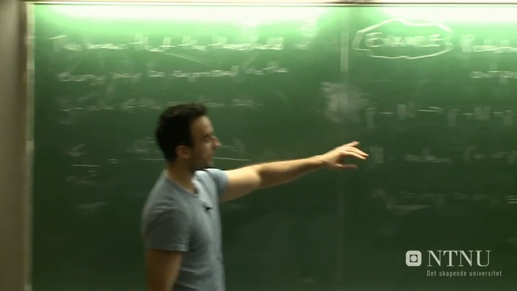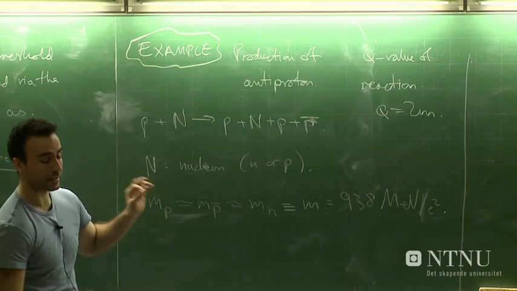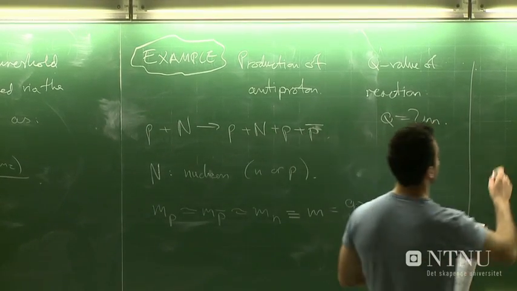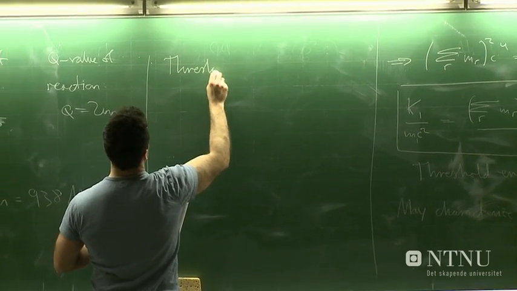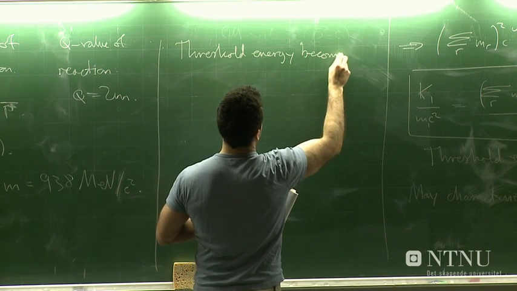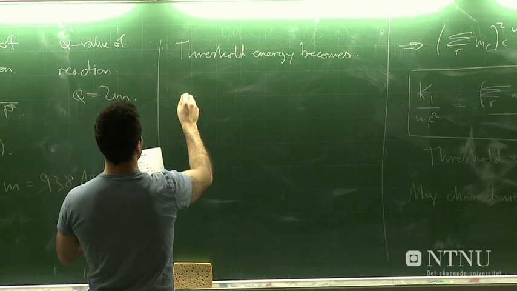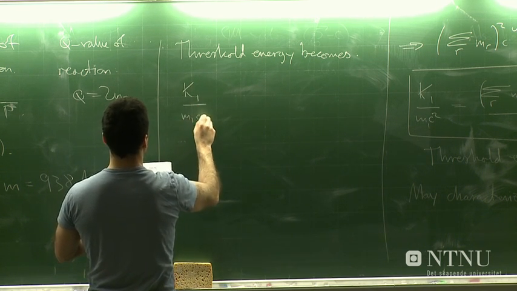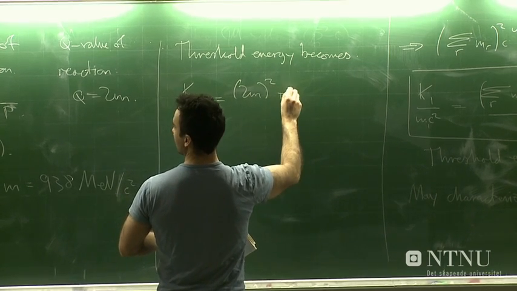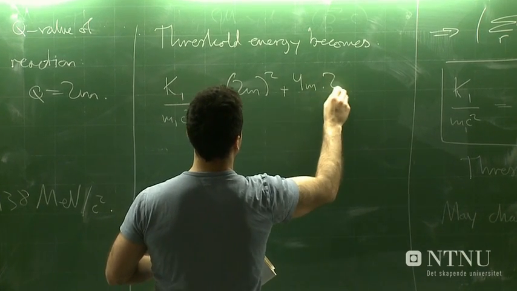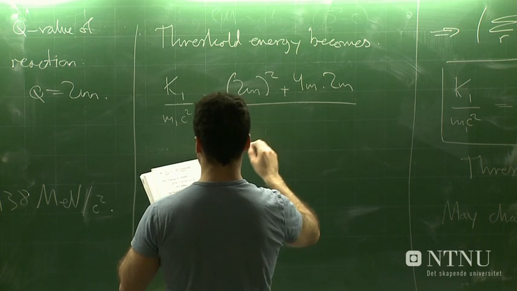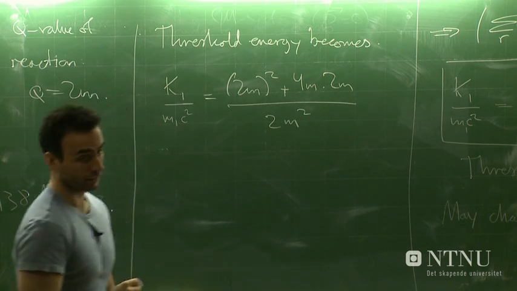Say we accelerate this proton to hit this nucleon. What is the threshold energy of this proton in order to enable this reaction? Okay, so Q is 2m. So we get this.